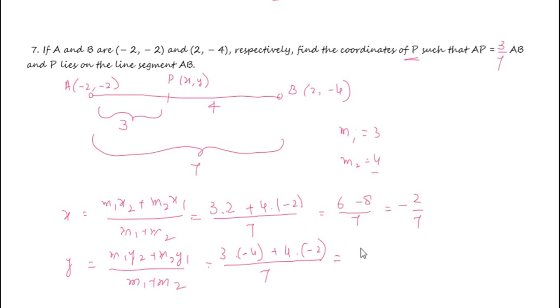This is minus 12 minus 8 divided by 7, which is minus 20 divided by 7. So the coordinates of point P are minus 2 by 7, minus 20 by 7.